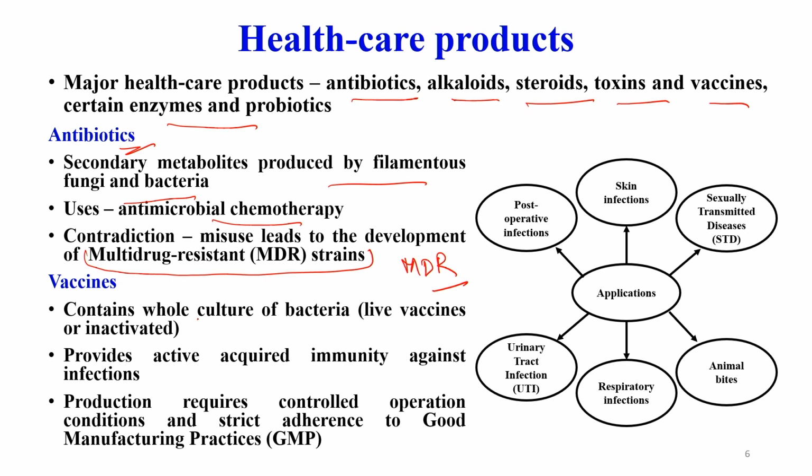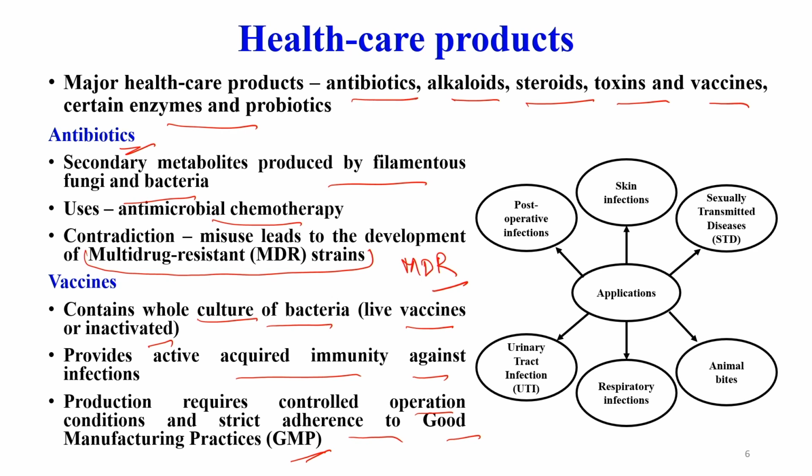Vaccines may contain the whole culture of bacteria, either live or inactivated, and provide acquired immunity against infections. The production requires controlled operating conditions and strict adherence to good manufacturing practices.